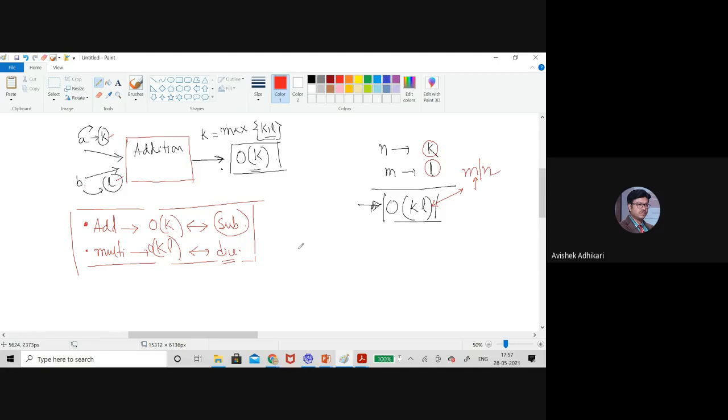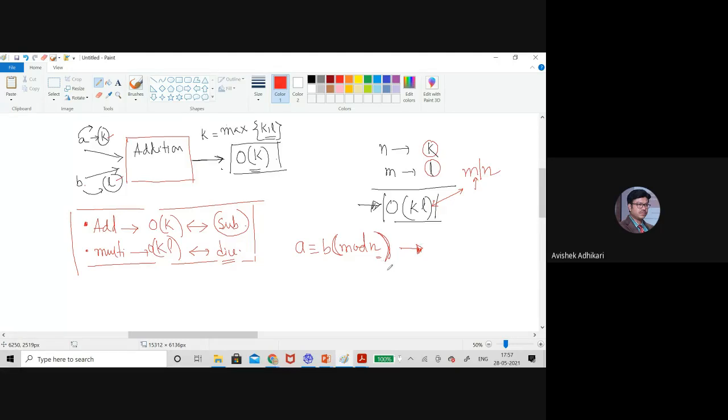Also note that if you want to have, say, A congruent to B modulo n, can you tell me who will play the important role for this kind of calculation? I want to calculate A congruent to B mod n. Which should be my input size?